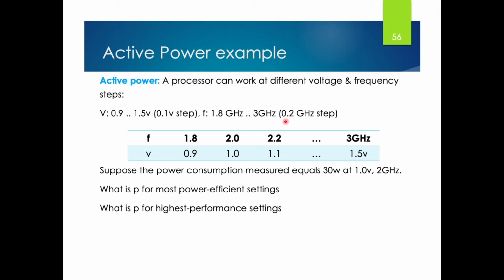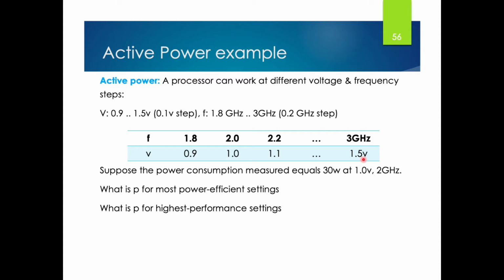We can describe the different levels of frequency and voltage in this table. Here we start with 1.8 for the frequency, the next level is 2, the next is 2.2, and the last level is 3 GHz. In the same way, this is the voltage. The lowest level is 0.9 and the next level is 1, then 1.1, 1.2, 1.3, and the last level is 1.5 volts.